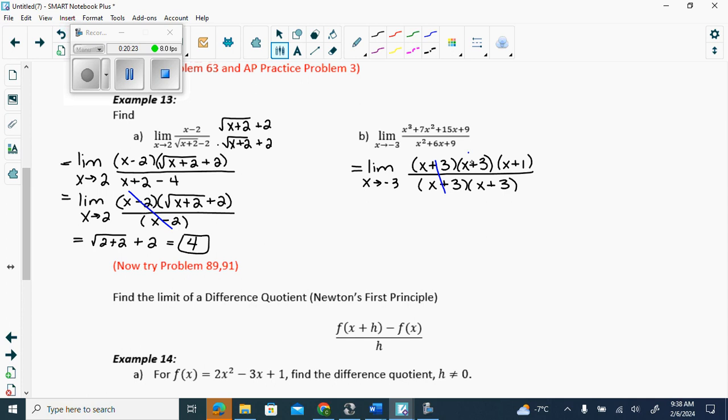And then cancel. And so we get negative 3 plus 1, which is? 3. Not 3. It's not 4 either. Just checking to see if you're paying attention. Who said 4 or who said 3 in the first place?